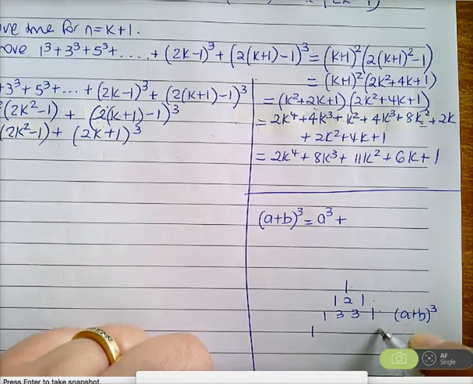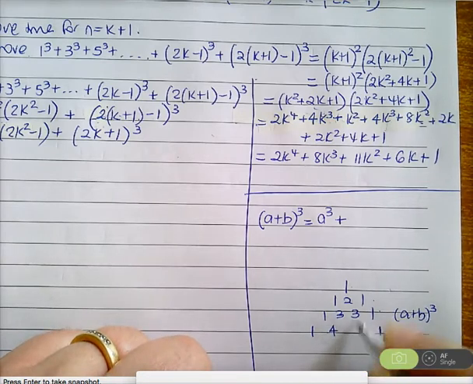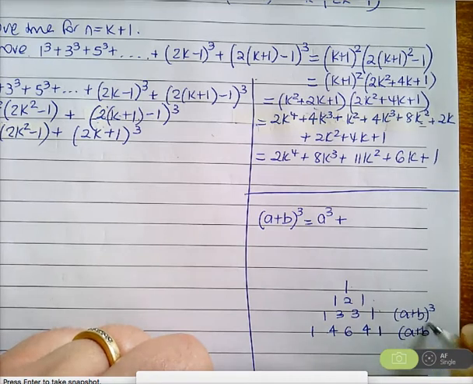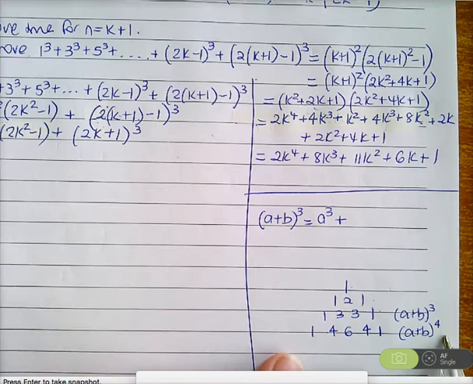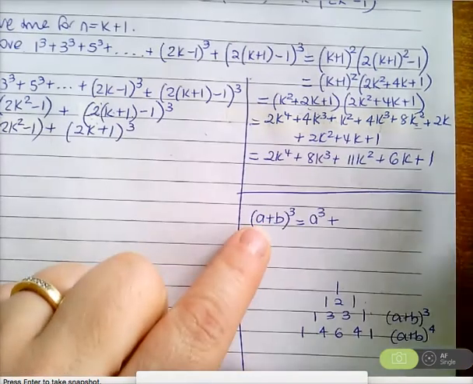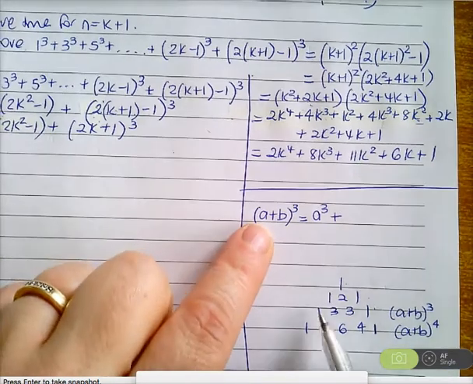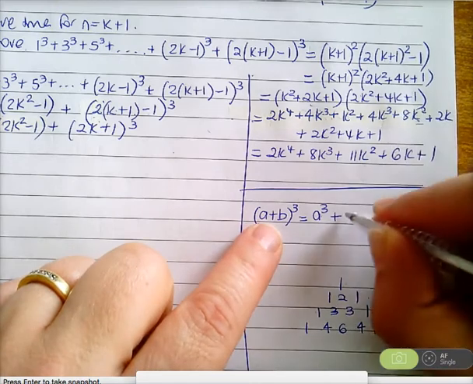If you continue Pascal's triangle, what do you get? 1 plus 3 is 4, 3 plus 3 is 6. So if you expand a plus b to the 4, these are the coefficients of your 5 terms. All right, so that's what Pascal's triangle can be used for. So if I'm expanding a plus b cubed, my coefficients are 1, 3, 3, 1. Well, a cubed is 1, the next coefficient is 3.